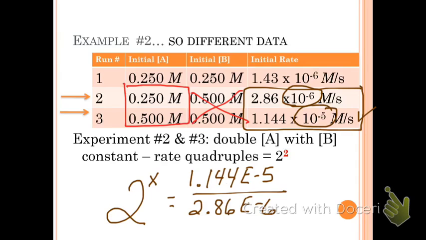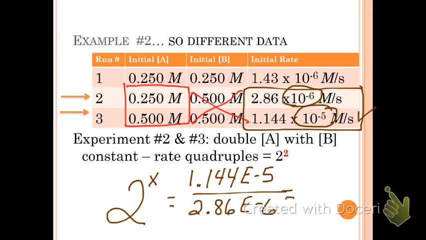The 1.144 is a higher number because its exponent is higher at a negative 5 than at a negative 6. If you have a question and you're not comfortable with that, my recommendation is that you contact your math teacher. Explain to her that we are doing rate laws. Show her the 2 numbers and have her explain to you the difference between the 2.